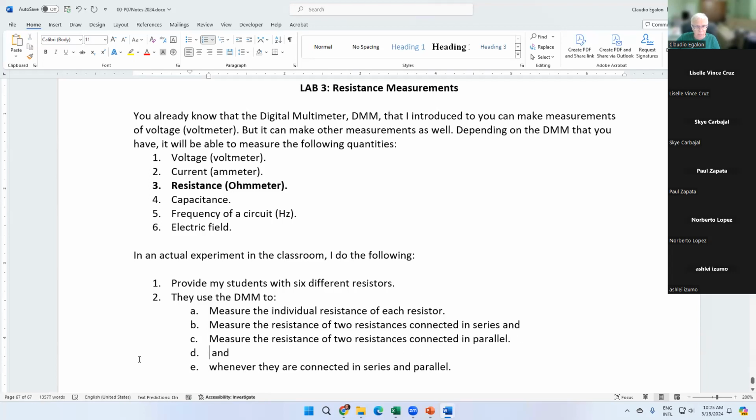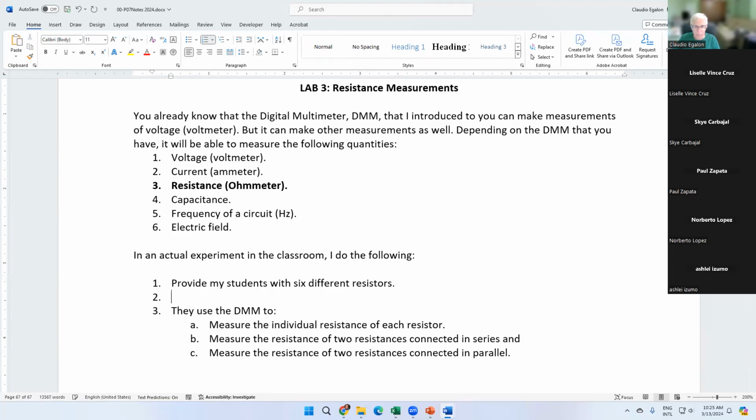Oh, there is one more step before that: provide the student with 6 different resistors. Each resistor has its own color code that codifies the manufacturer's resistance of the device.